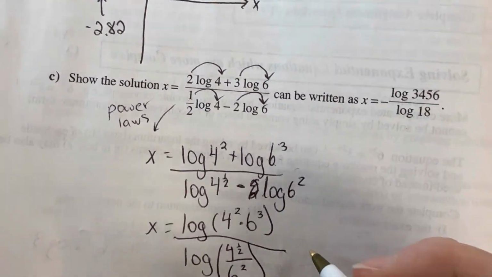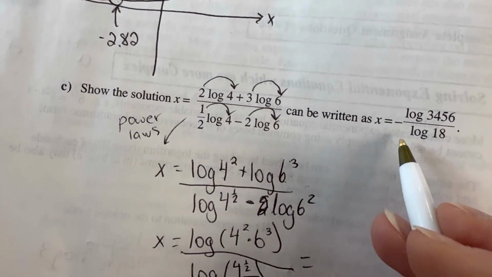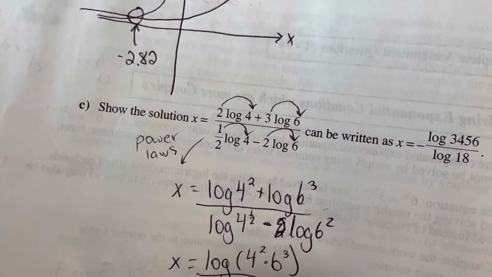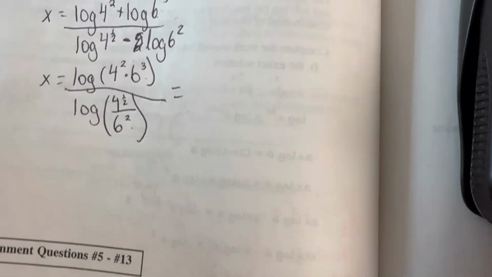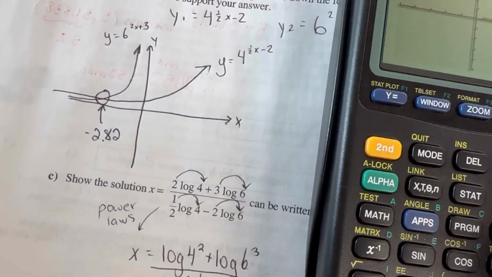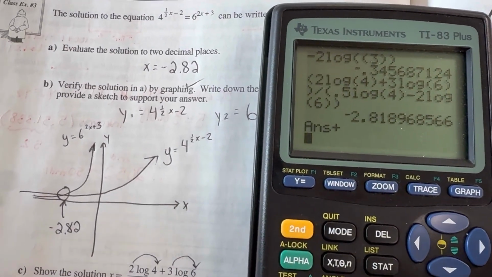And now I guess we do just need to evaluate these. So 4 squared. Oh no, quit. Clear.